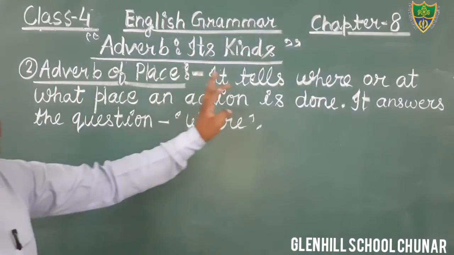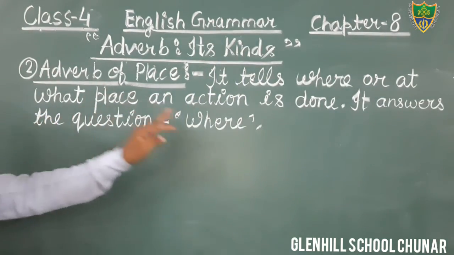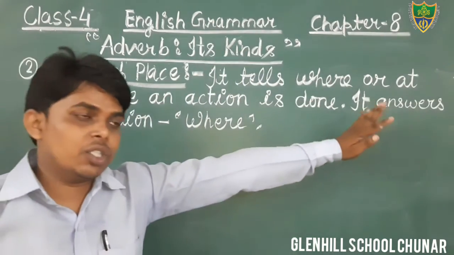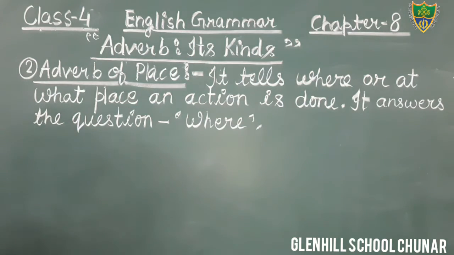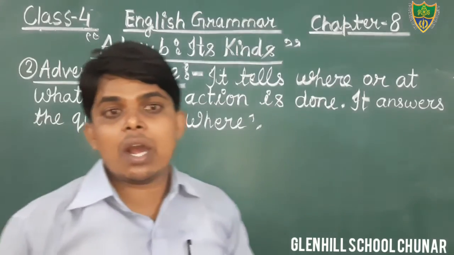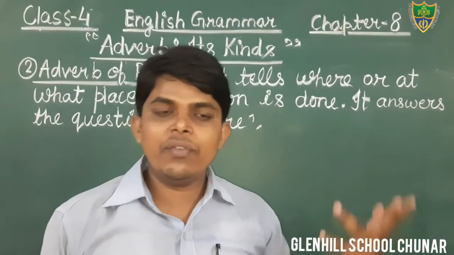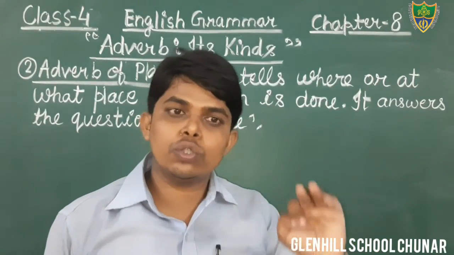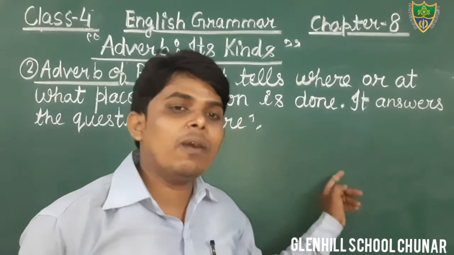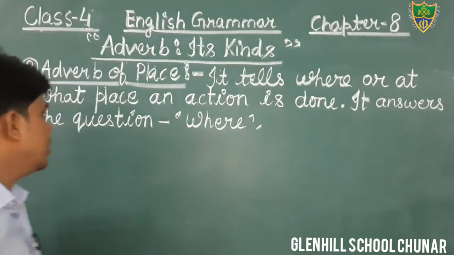What is adverb of place? It tells where or in what place an action is done. It answers the question where. For example, I have told you the words inside, outside, up, down, within, everywhere, here, there. These words we use to show adverb of place. So just write down the example.